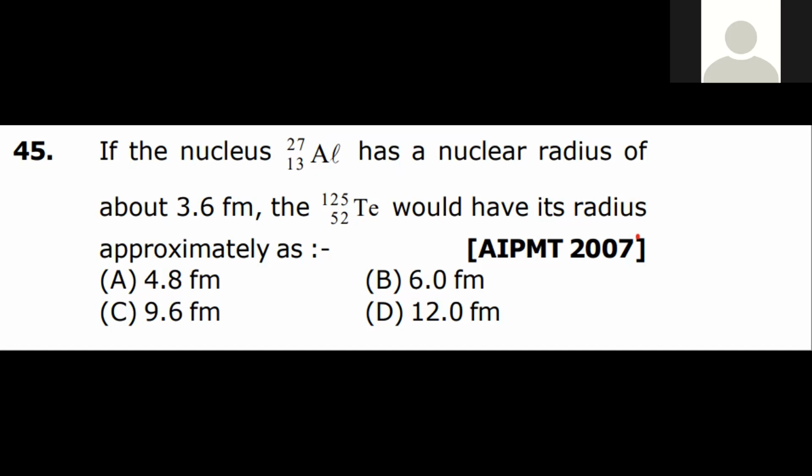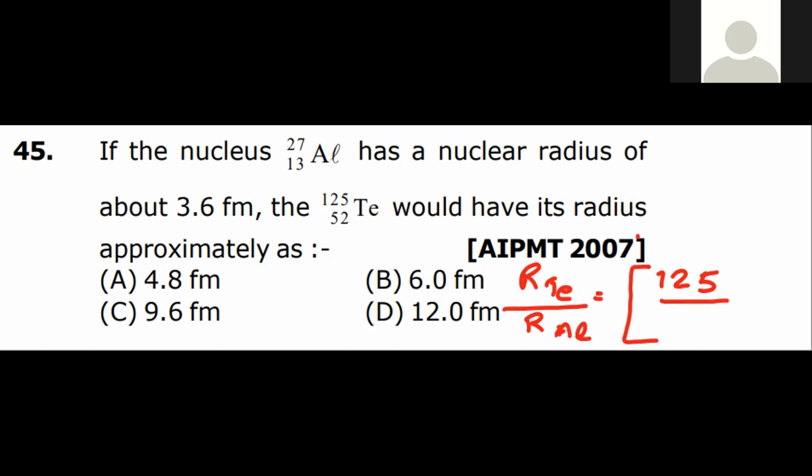So B, that is correct. How did you get it, bacha? Yes, sir, because R1 by R2 is equal to A1 by A2 whole power 1/3. So I just write radius of beryllium divided by the radius of aluminium would be equal to A of beryllium, which is 125. Do we understand this? Yes, sir. Divided by A of aluminium.